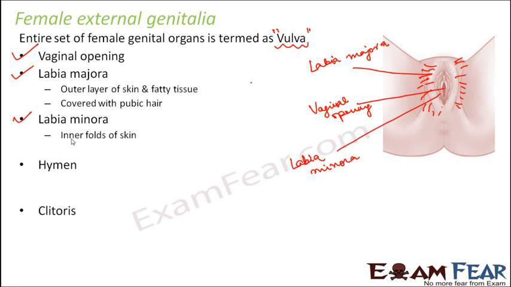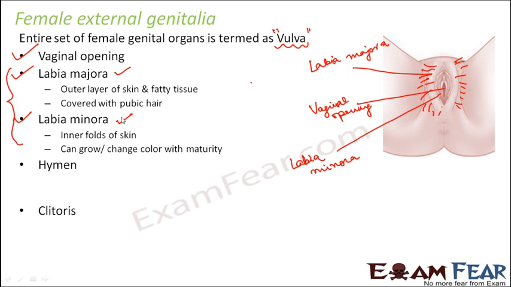And labia minora is the inner folds of skin, so in the immediate surroundings of the vaginal opening, you can see folds of skin. They are called labia minora. They can grow or change color with maturity. However, there is not much hair present here. So both of them are labia because both of them are folds of skin which surround the vagina. So majora is the outer layer and minora is the inner layer.